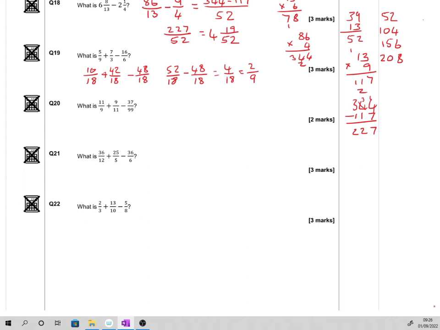Right, can make these all 99s. Yeah, multiply that by 11. So 11 9s are 99. So I've got 99, 11 11s are 121, plus multiply that by 9.